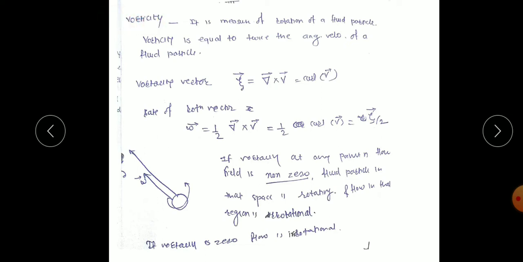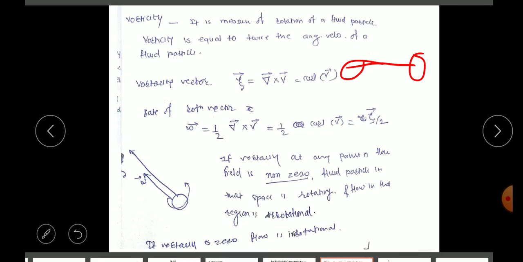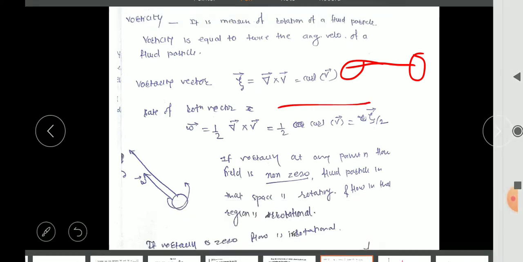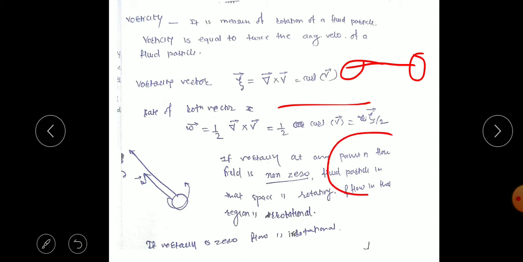Vorticity is a measure of rotation of a fluid particle. This fluid particle can move along a straight line, that means linear translation. Also, the fluid particle can rotate about its axis. That is, angular motion causes rotation.